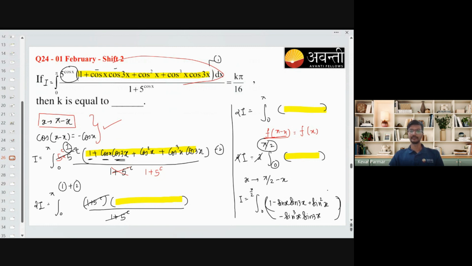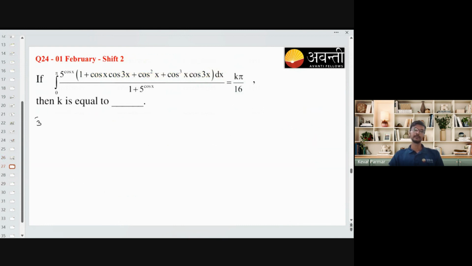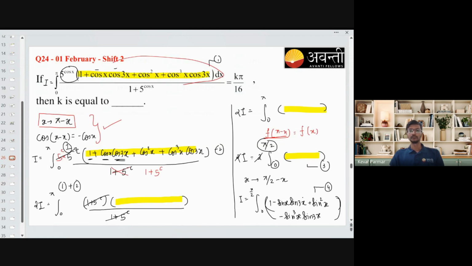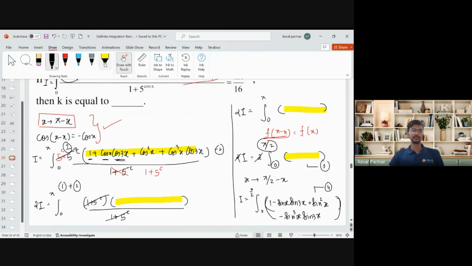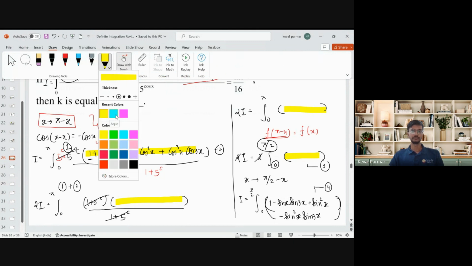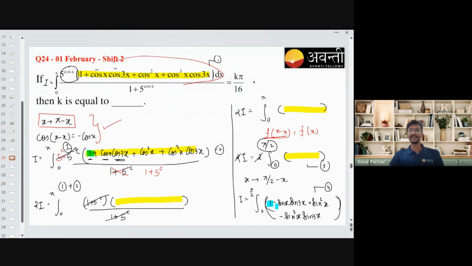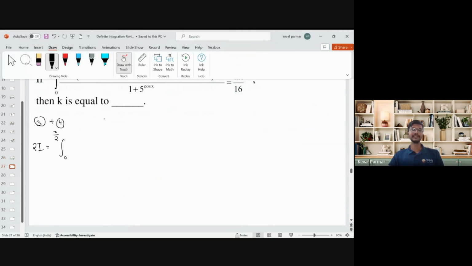Now let me mark this as equation 3 and this as equation 4. If we add 3 plus 4, on the left hand side we'll get 2I equals integration 0 to pi by 2. This one and this one will get added and give 2, and cos square x plus sin square x will be 1, so in total we'll get 3.